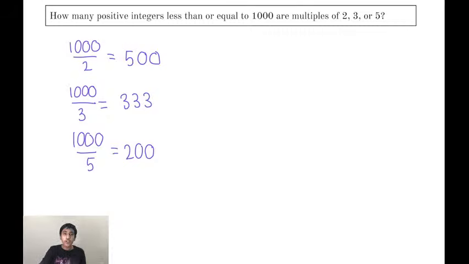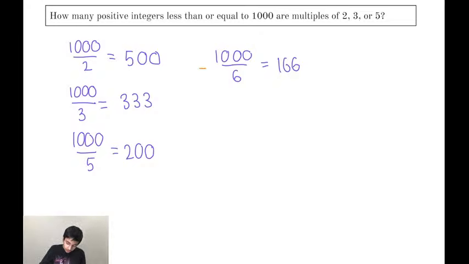So we must remove the multiples of 2 and 3, so how many numbers are multiples of both 2 and 3? Well, there's going to be 1,000 divided by 6 equal to 166 of those numbers. Right, because when we're counting the multiples of 2, 3, and 5, we're overcounting the multiples of 2 and 3, because they're counted as part of the multiples of 2 and multiples of 3.